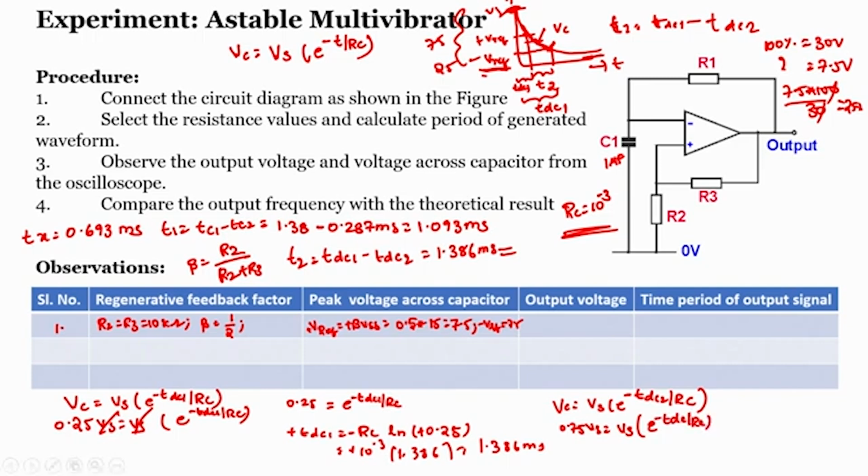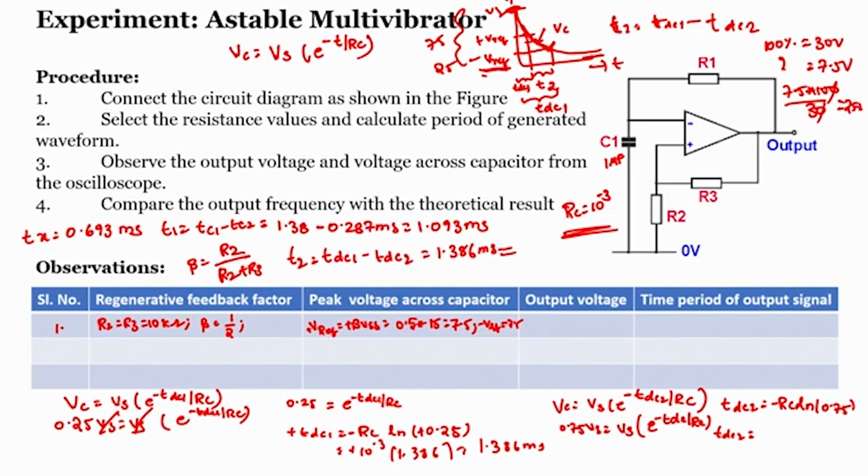When I calculate, TDC2 should be equal to minus Rc into log 0.75, which is nothing but TDC2 is Rc, that is 10 power minus 3, into log 0.75.